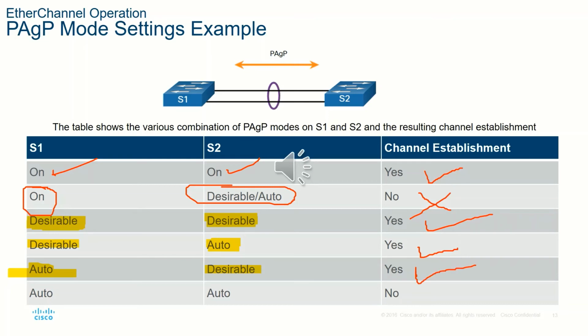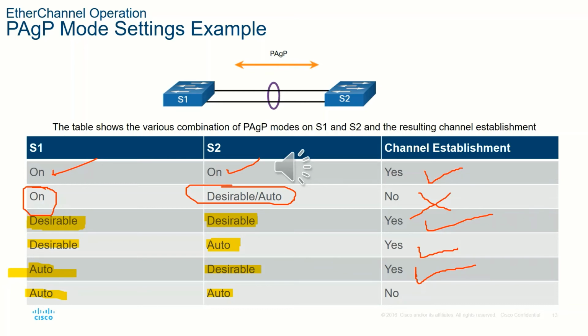Now we will see the last mode. The last combination is auto-auto. On both ends of the switches, we are going to configure the auto mode. Switch 1 is configured as auto mode, switch 2 is configured as auto mode. Auto mode is a passive negotiation state.